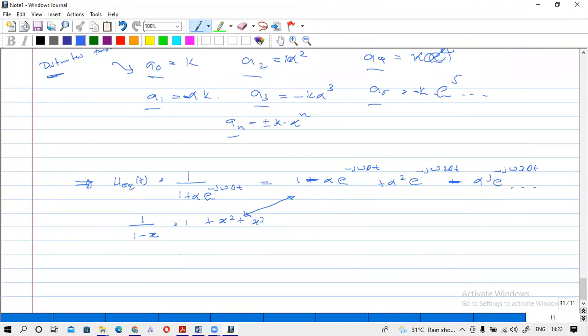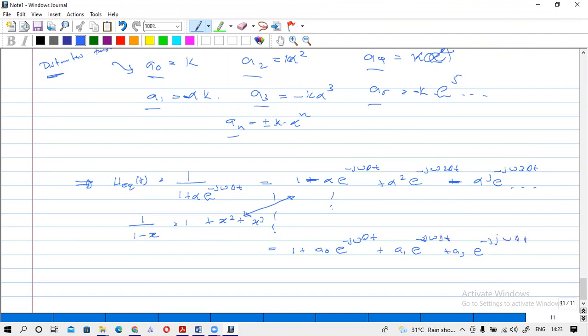And you have to equate both the terms, both expressions. Here again this is equal to 1 plus a_1 e to the power minus j omega delta t plus a_2 e to the power minus 2j omega delta t plus a_3 e to the power minus 3j omega delta t.